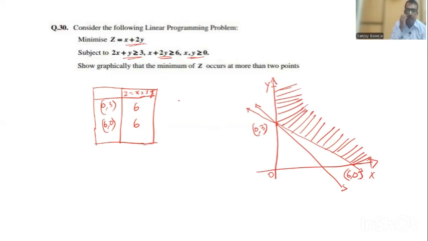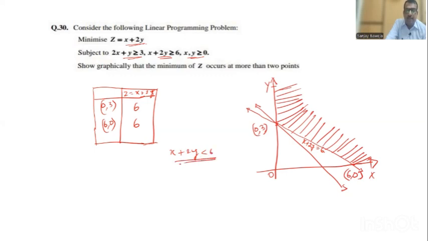Correct? For that, what we can do, if you look at the unbounded region, there is a line x plus 2y greater than or equal to 6, which is bounding this. This is the line x plus 2y equal to 6. So you have to draw a dotted line x plus 2y less than 6, right? Dotted line for this.